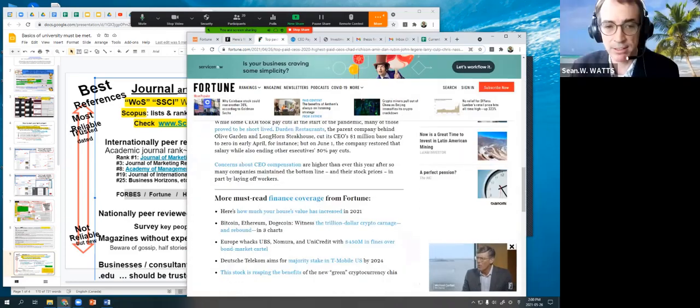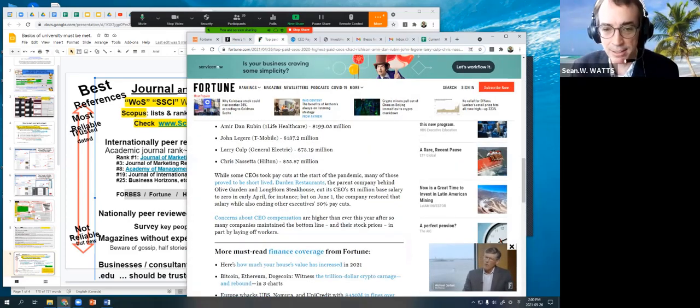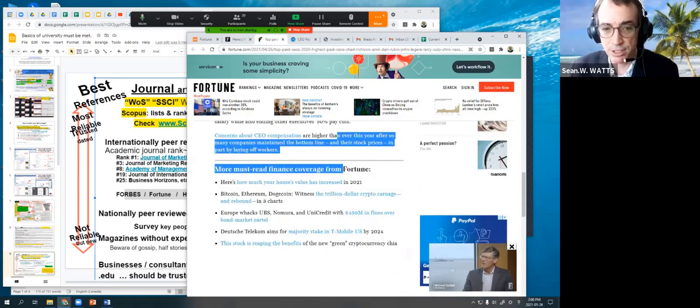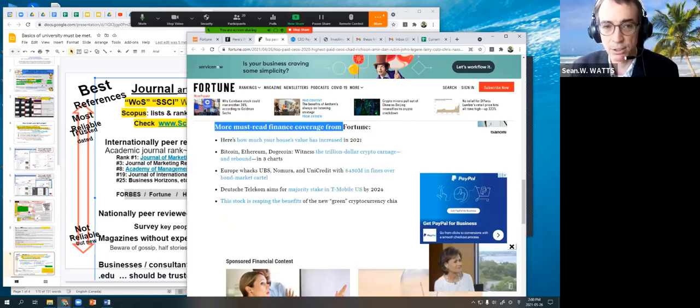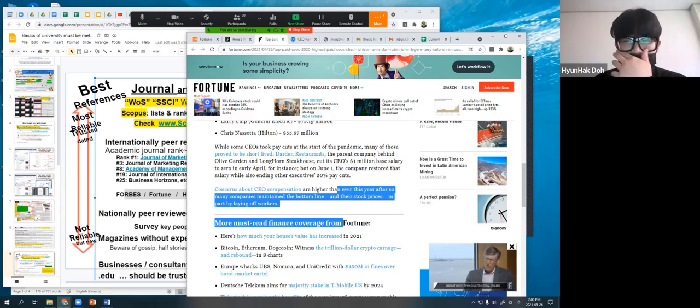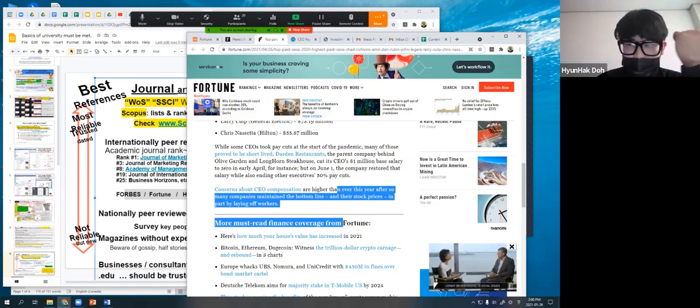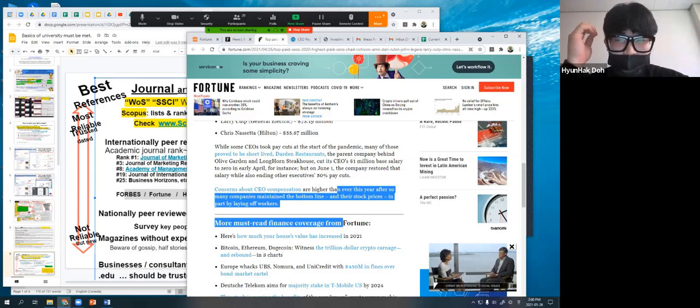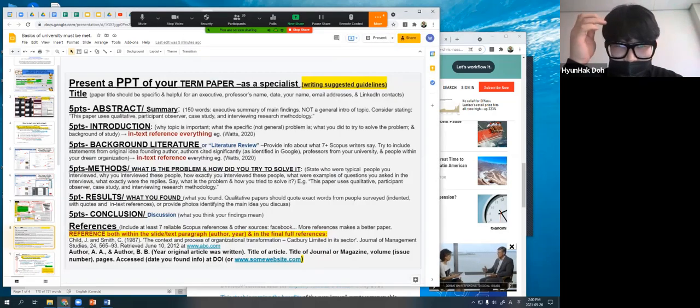Fortune, same thing. This is the article, and it ends here. These are different stories. What is a problem? We only know the name of the author, so maybe you're not. We don't know whether they are in the very reliable association or not.